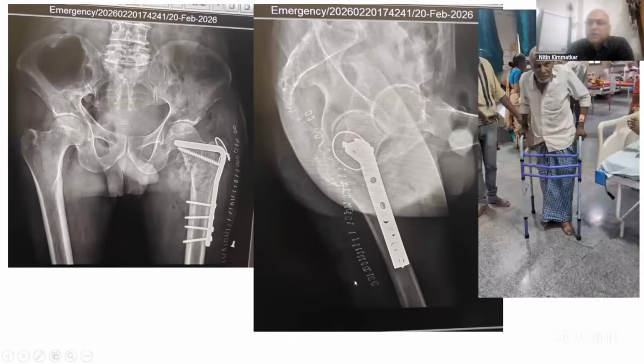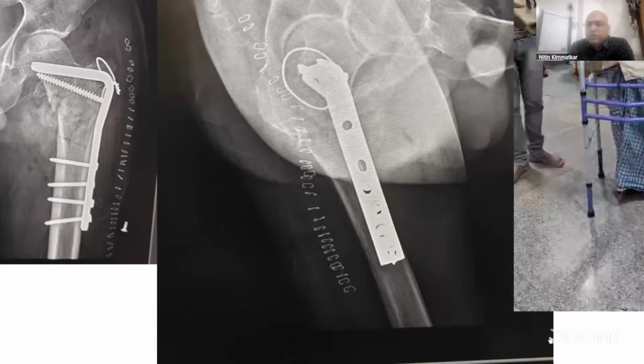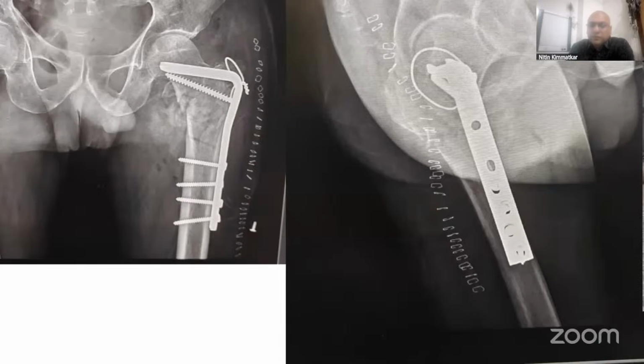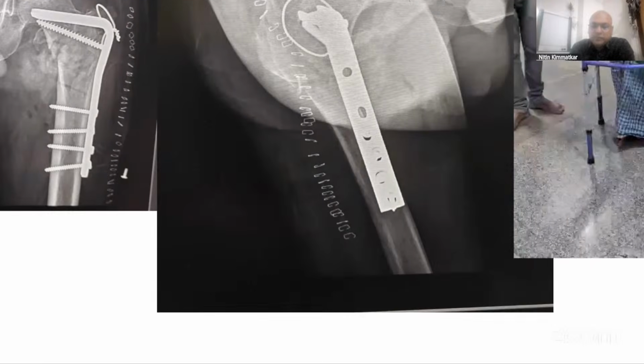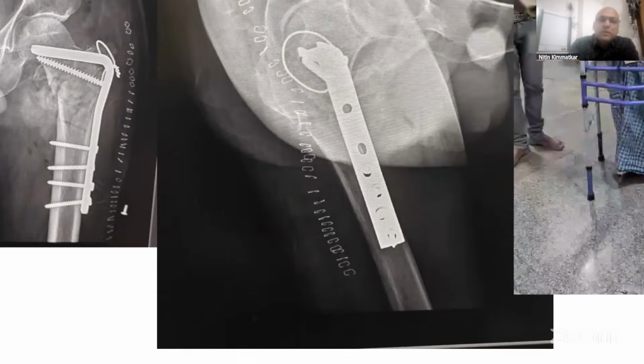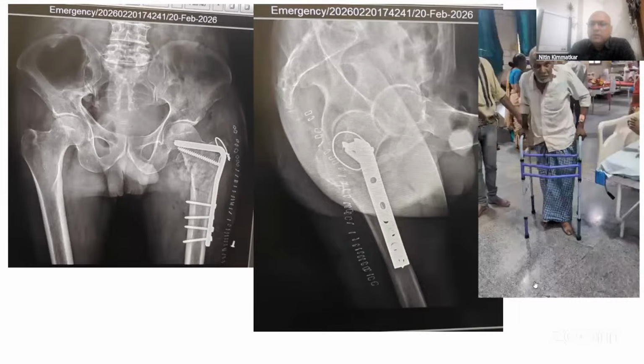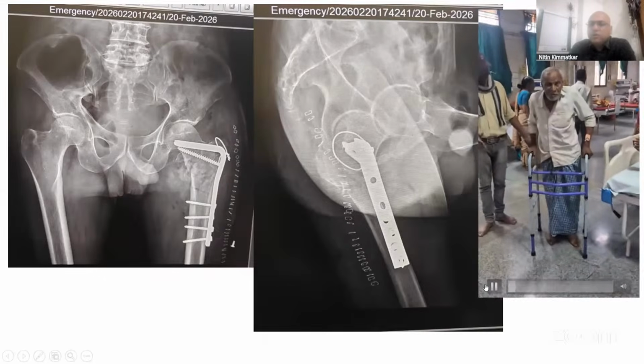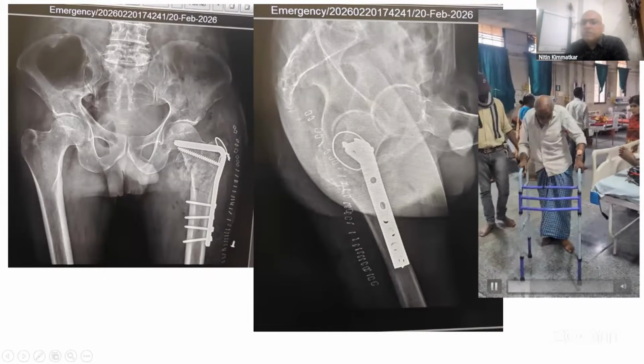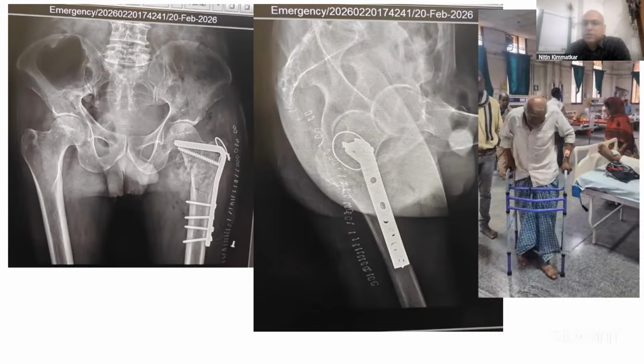But this is the post-op mobilization of the patient. In the ward, he is walking with assisted walking with full weight bearing on that same operated limb.